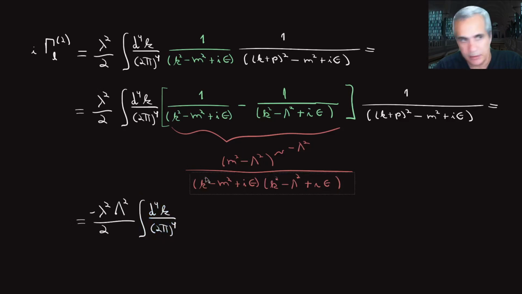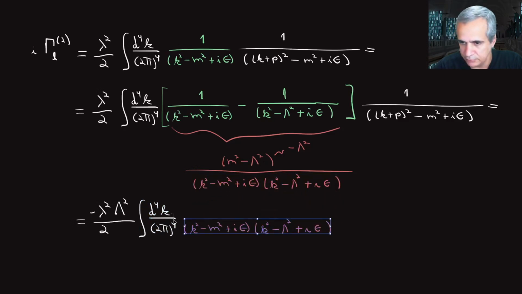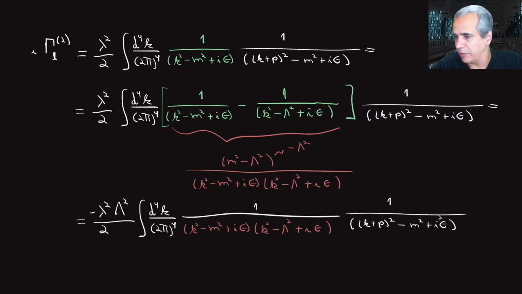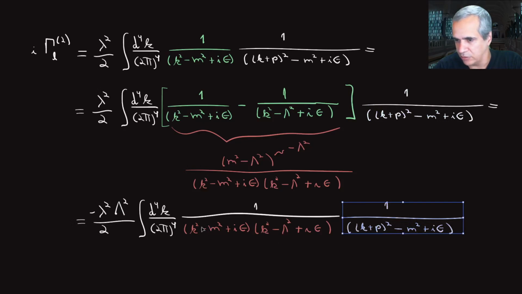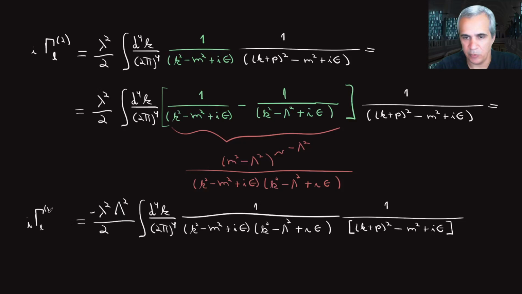First, this one, and then, of course, this one. So I have now this product of three denominators. Let me put everything in the same color.